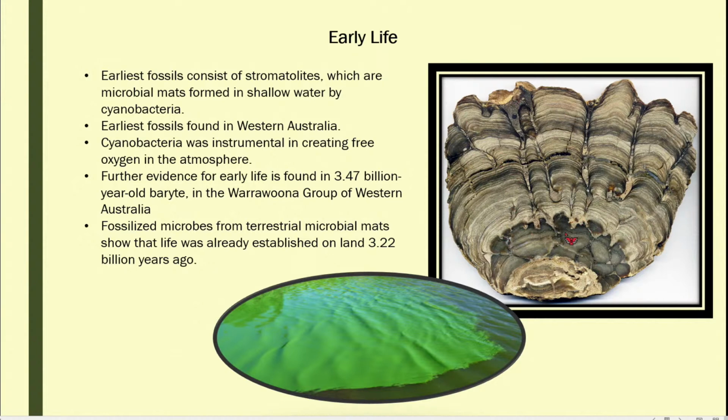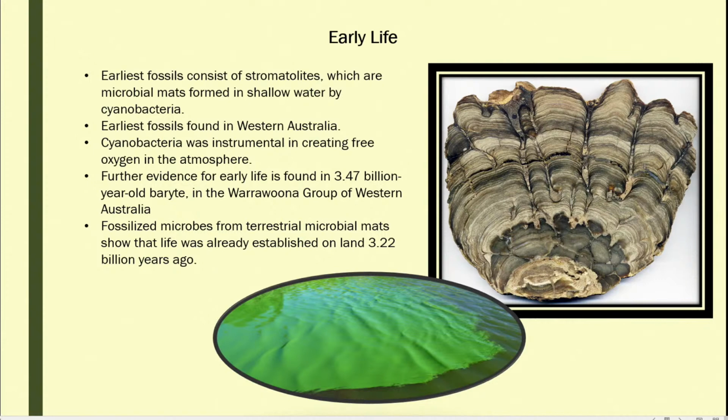Very interesting creature, or very singular celled life form. Not very complex, and doesn't actually have any kind of physical form or body, just a very indifferent shape. Earliest fossils found in Western Australia.